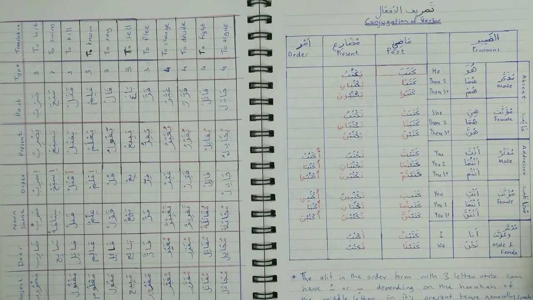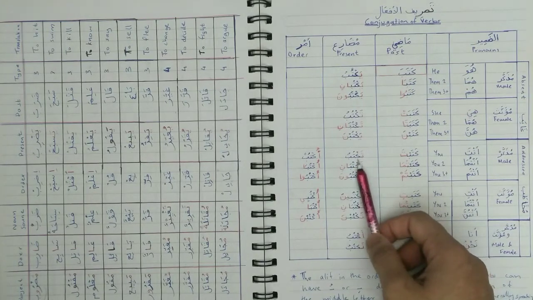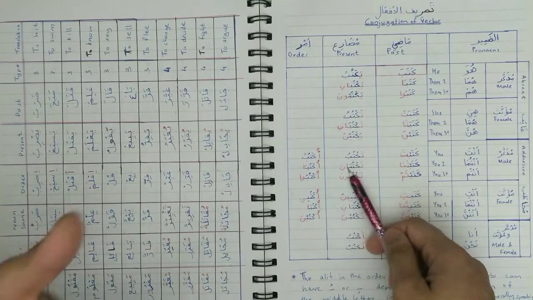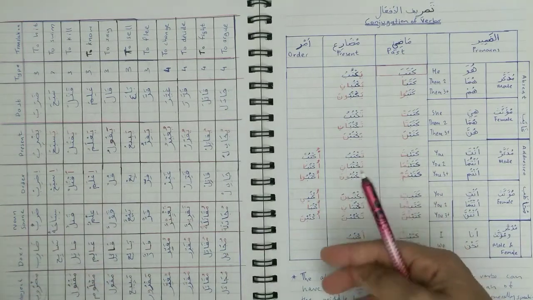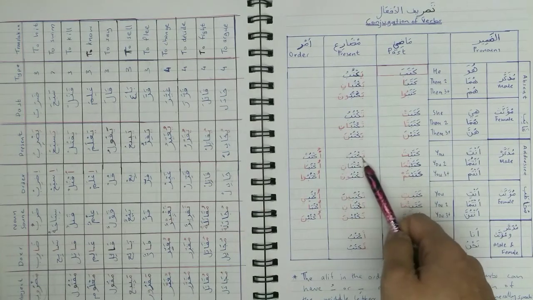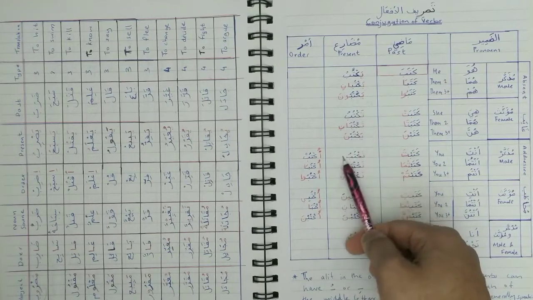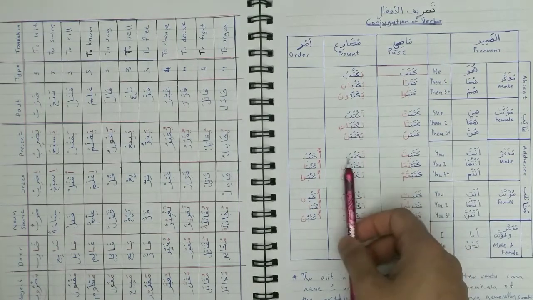Is he referring to an absent female or a male who he is addressing directly? Understand? For example, if I'm speaking to my brother and I say "ماذا تكتب", of course I'm referring to this verb. I would not be referring to that verb if I'm speaking to my brother directly, would I? So that's how you differentiate between the two.